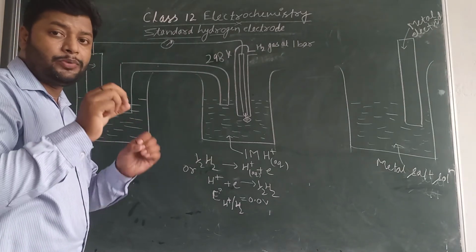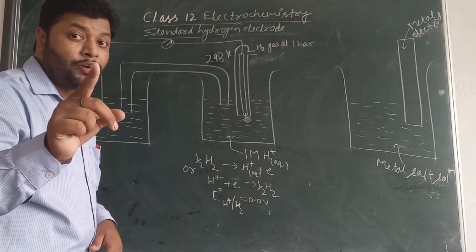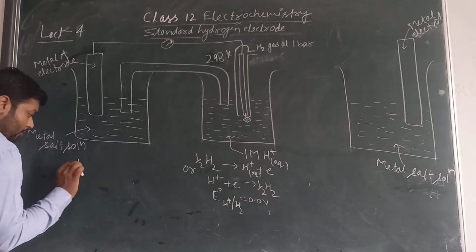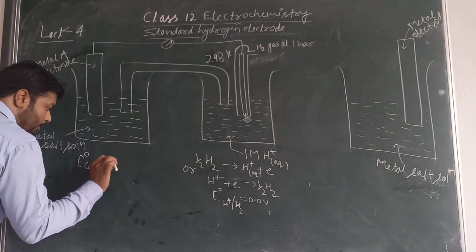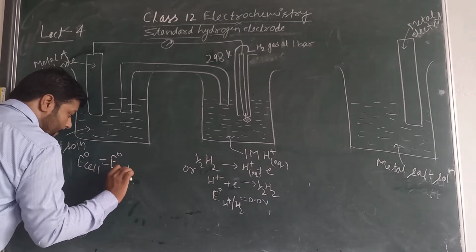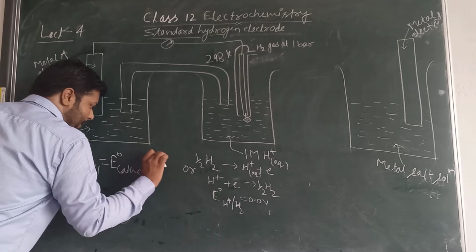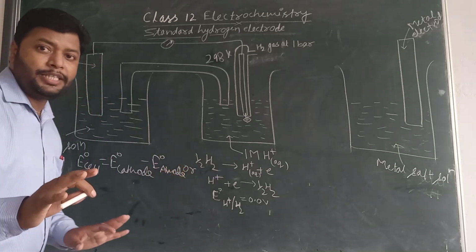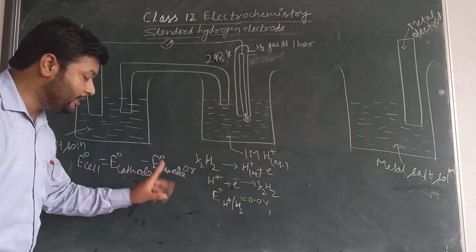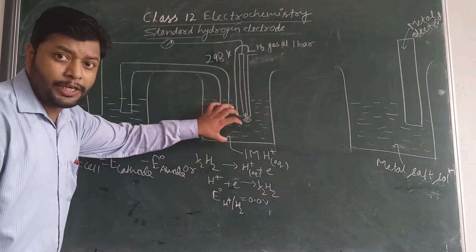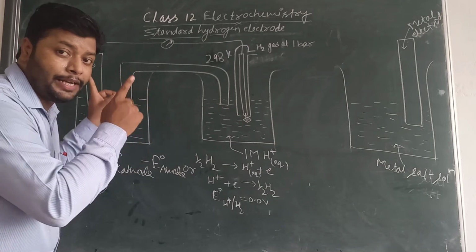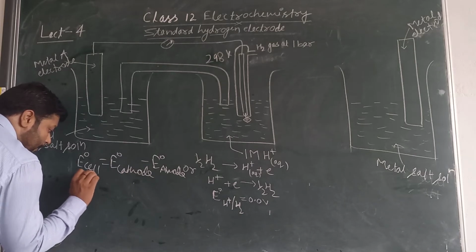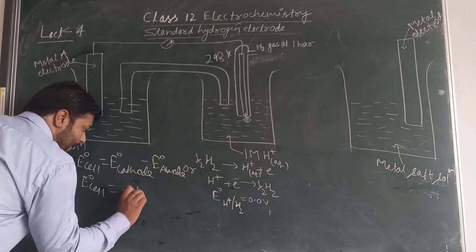The magnitude observed in the galvanometer will be the potential value of the cell. We know that E naught cell equals E naught cathode minus E naught anode, but the hydrogen electrode is the cathode compared to metal A, and its value is 0 volt, so E naught cell equals minus E naught anode.